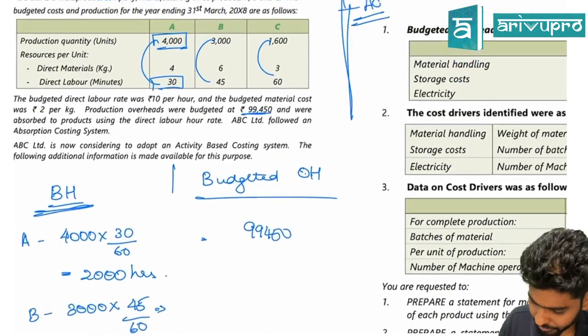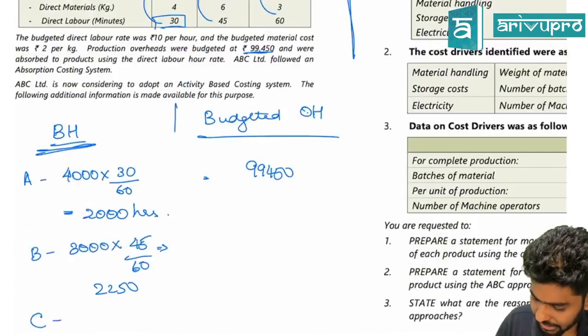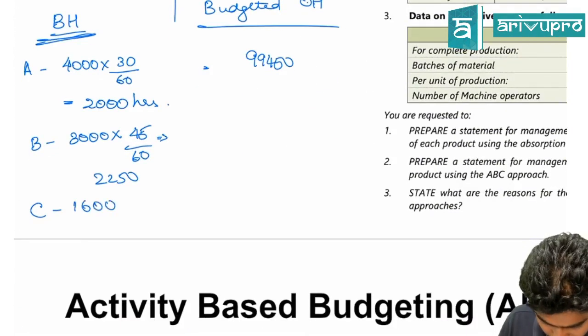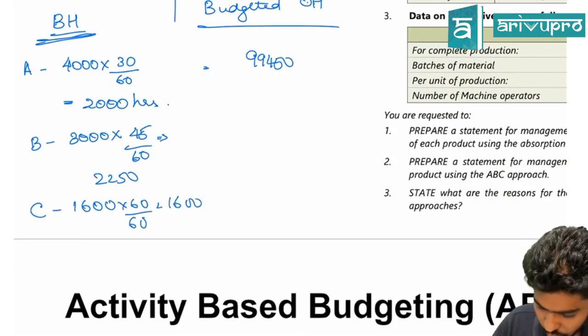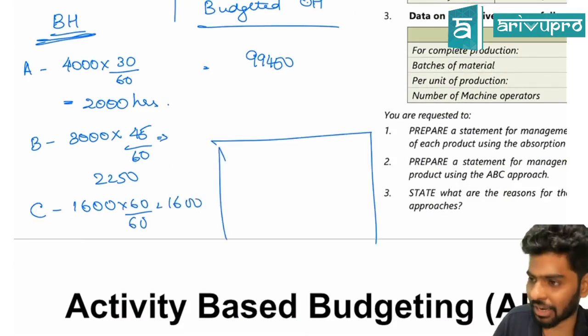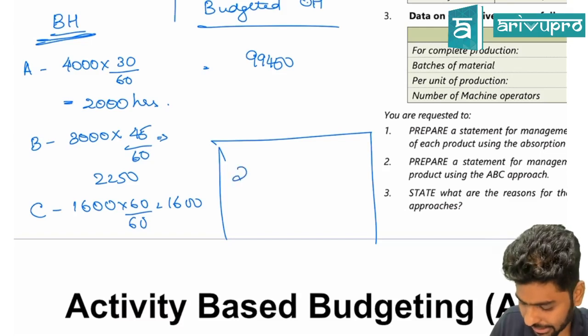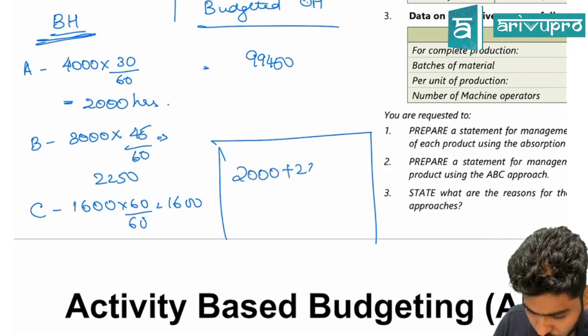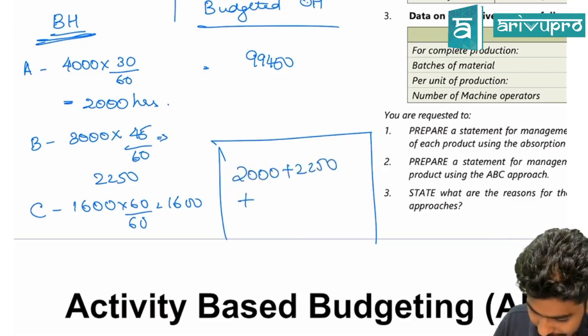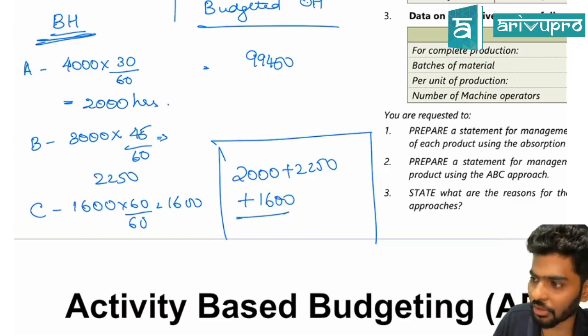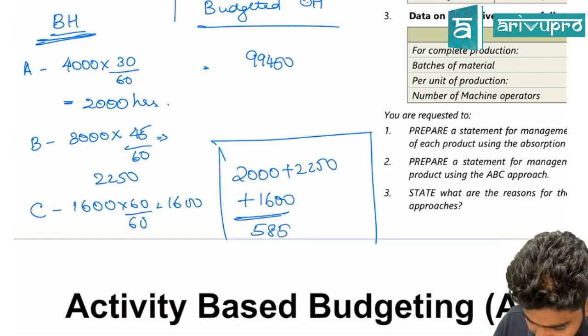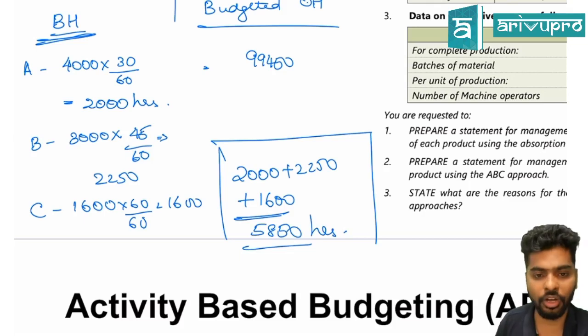And for C, that will be 1600 into 60 by 60, which is 1600 hours. So my total number of labor hours is going to be, can I say 2000 plus 2250 plus 1600, which is 5850 hours. Are you all clear?